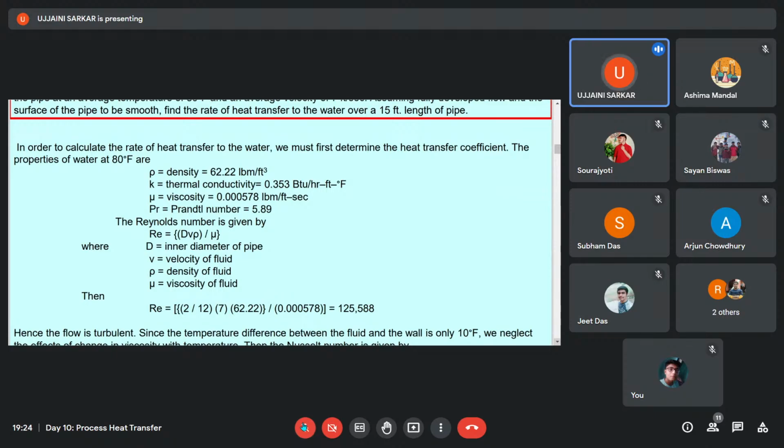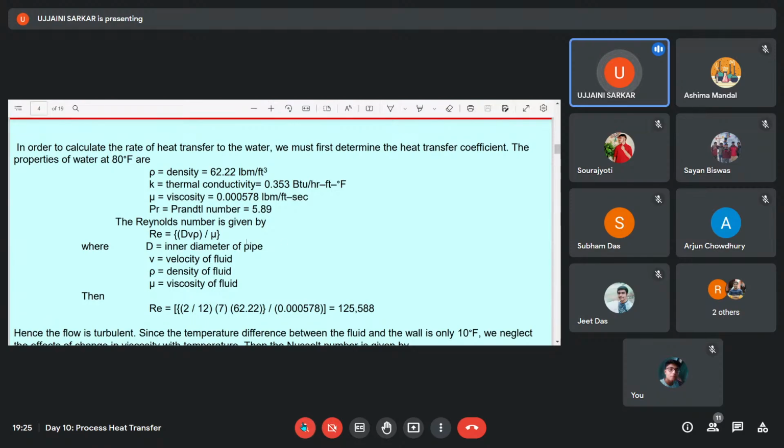Now for Prandtl number, additionally, you need Cp. So if directly Prandtl number is not given, then you have to find out Cp and then find out Prandtl number. So we will not do the exercise again because you have found out Prandtl number yourself just now in the previous problem. And Reynolds number, we will be using these values.